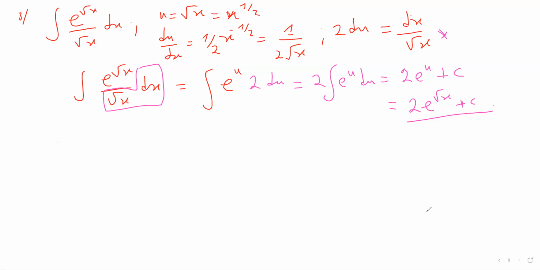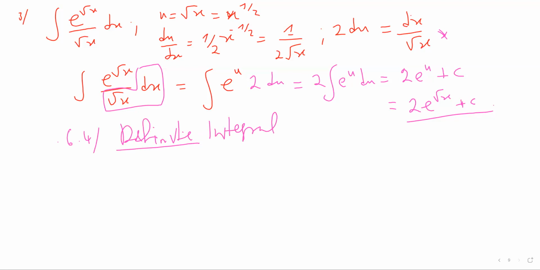Of course, when we want to do definite integrals, what we do is that if we choose a substitution, then we also need to use that substitution to change the limits of the integral, right?